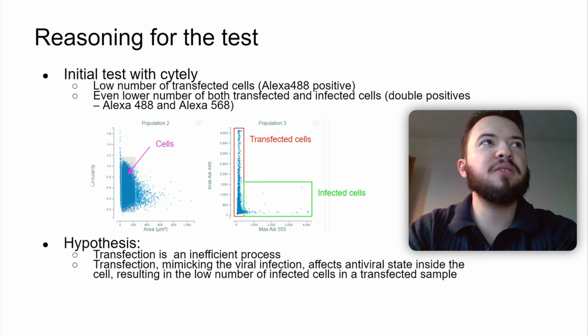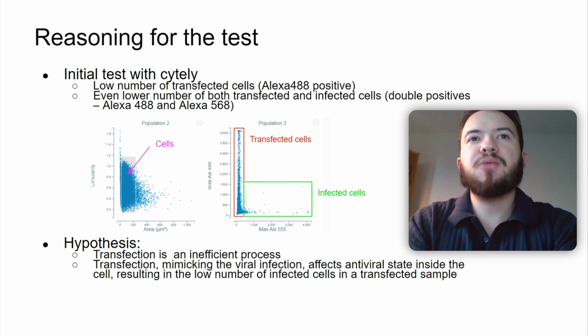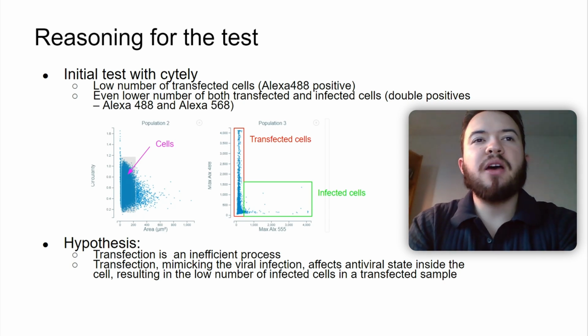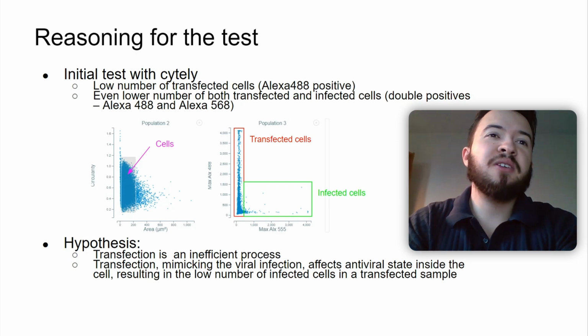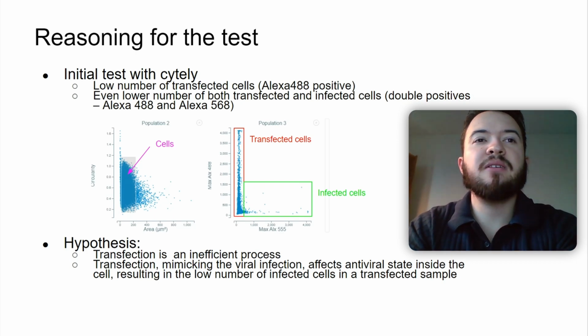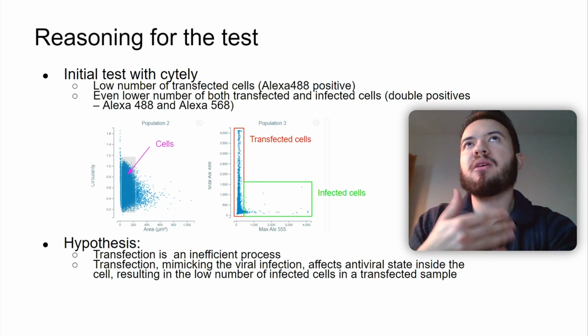I mean, we got this very first second, we just made an image, and it directly raised a question: why is it happening? After that, we got a hypothesis that transfection is an inherently inefficient process. The second hypothesis we had is that transfection is basically a mimicking of the viral infection process.